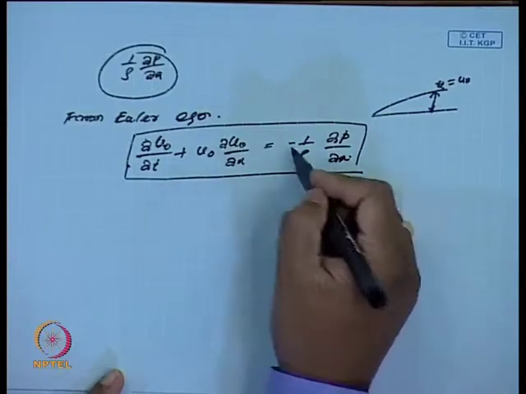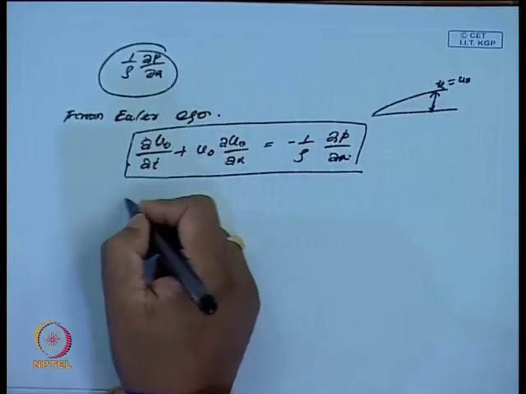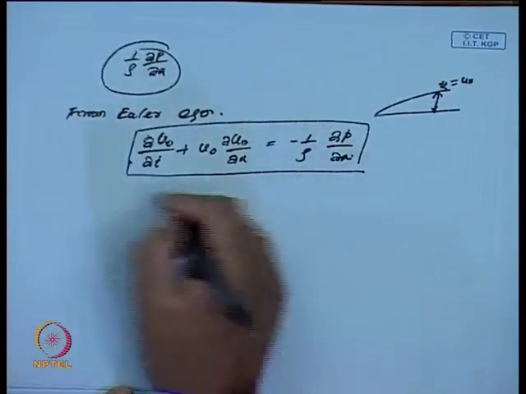If I substitute for this in the boundary layer equation, what will I get?